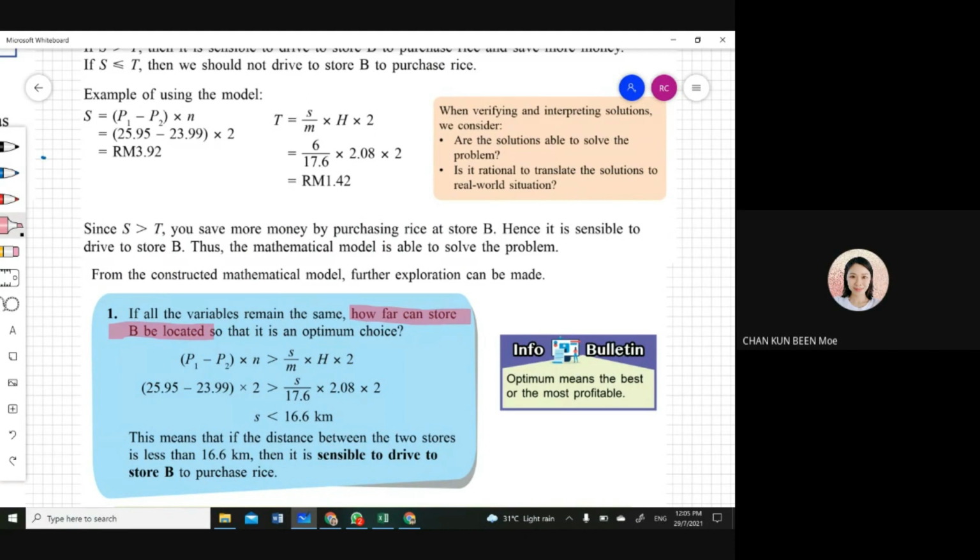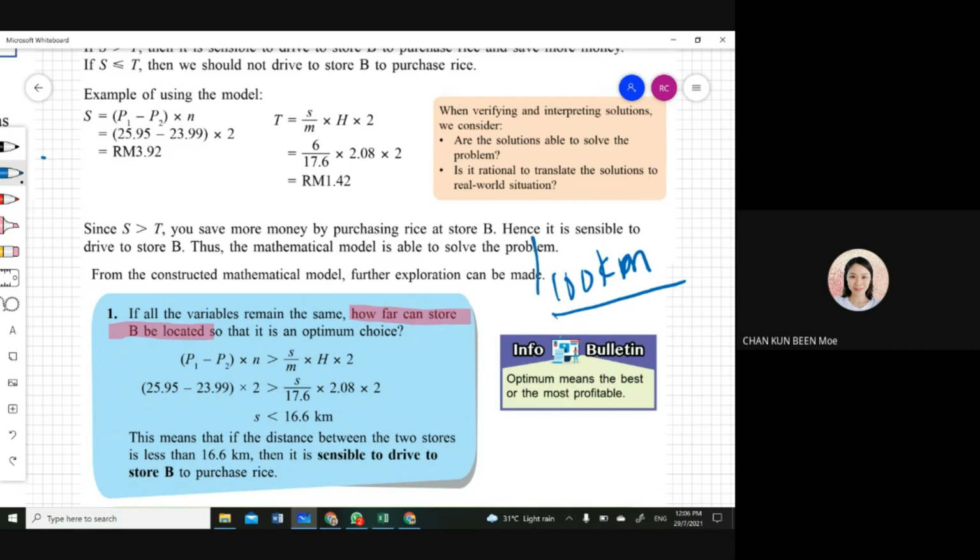Can it be located 100 kilometers away from your house? Then you have to think, is it an optimum choice? If it is located 100 kilometers away from your house, you still can save more money. So over here, we are going to find out how far is the maximum distance that you can save your money.